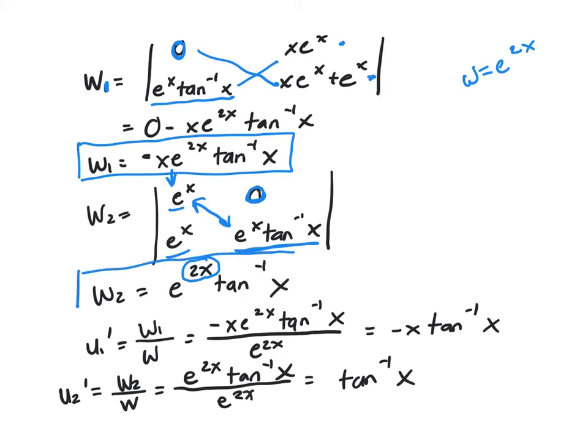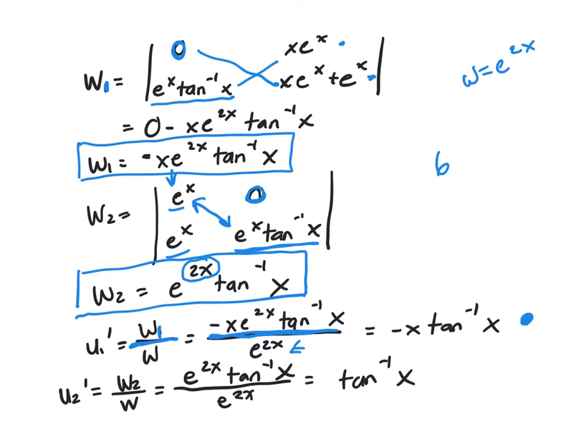Now let's go on. That was step what? That was 6, where you find all your determinants. Step 7, you find u sub 1 prime and u sub 2 prime. U sub 1 prime is W sub 1 over W. So I just took the W sub 1 that I found at the top of the screen over W, and I simplified it.